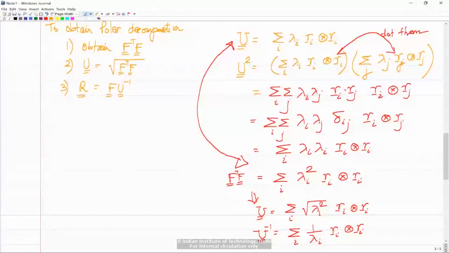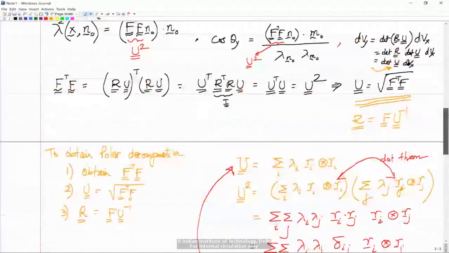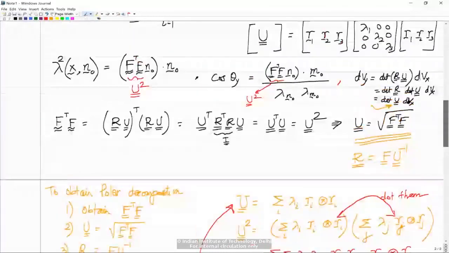All right. So this was just some math on how to get U and R. And what you see is that it is U which is appearing in these formulas for stretch or for the angle or for the volume change.